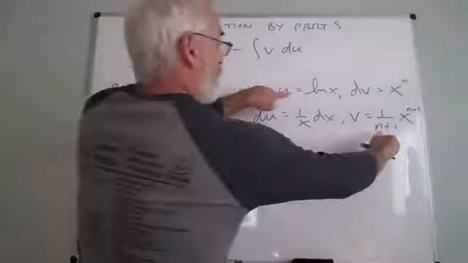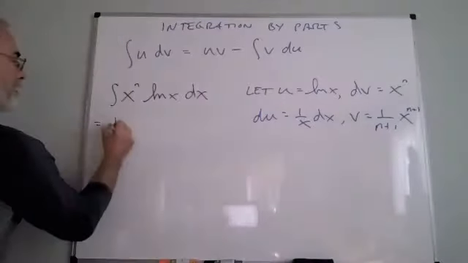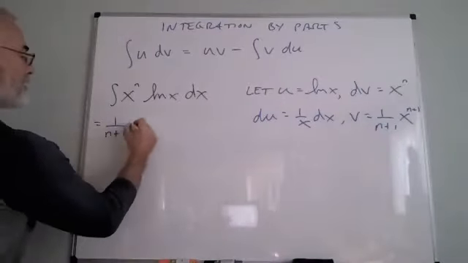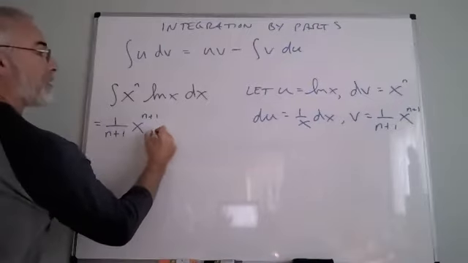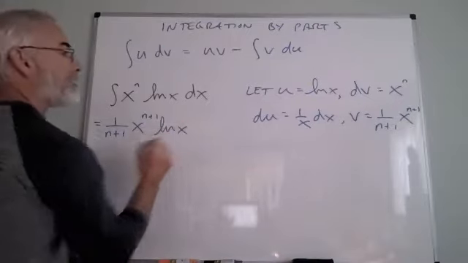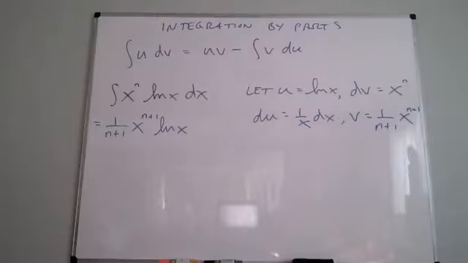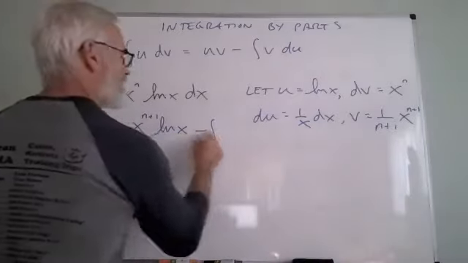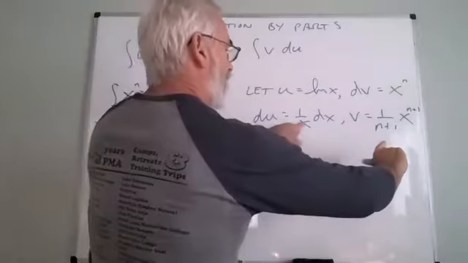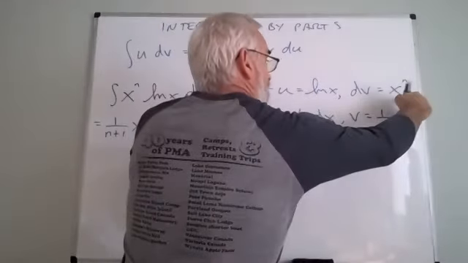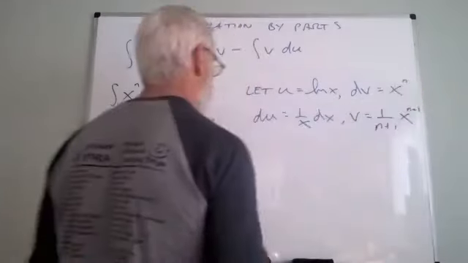Now, again, uv minus the integral of v du. Once again, I have 1 over x, and I have x to the n plus 1, so one of those exponents would cancel.